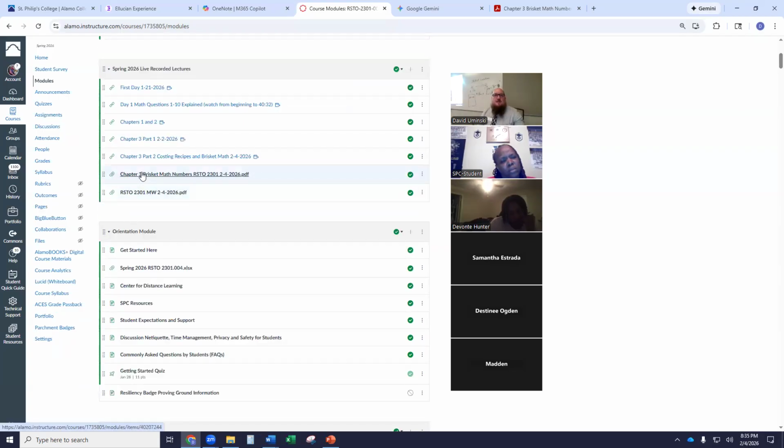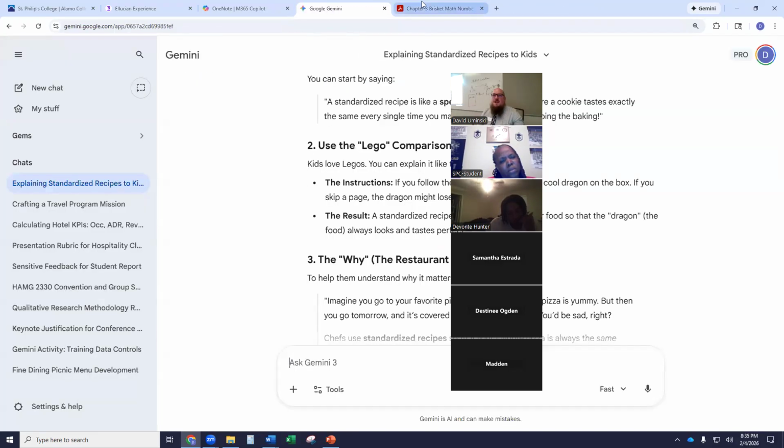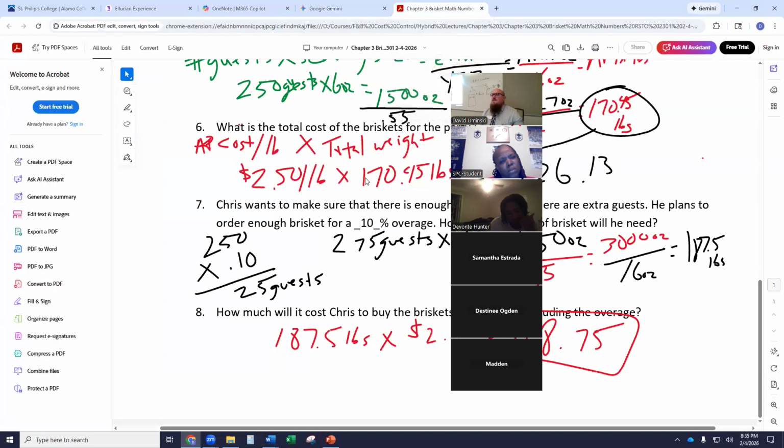And then you'll also see this brisket math number. That's the PDF that we're working off of right here. And then this is this long document that we did about the costing out of a breakfast plate. So you'll see those 2 documents there in the recorded lectures module.